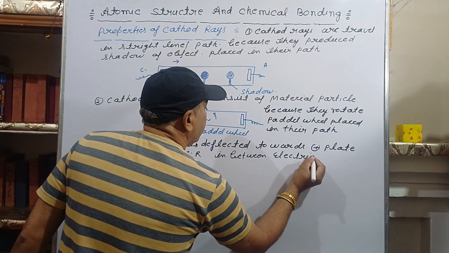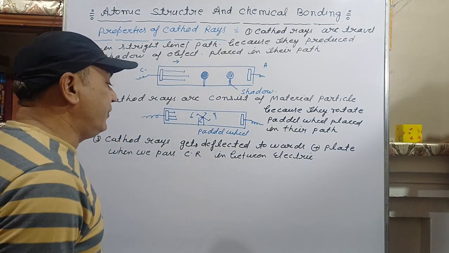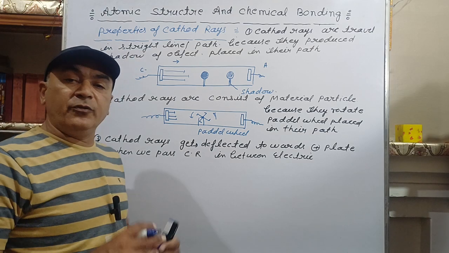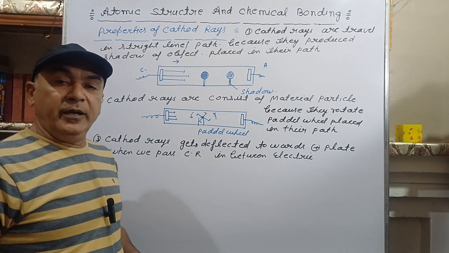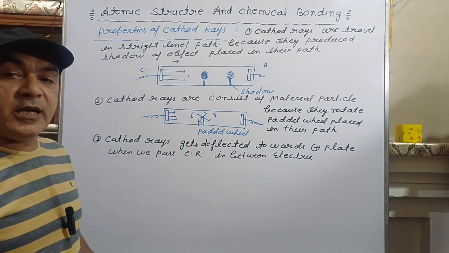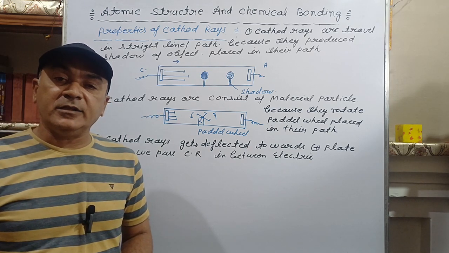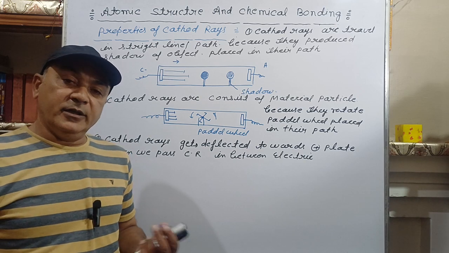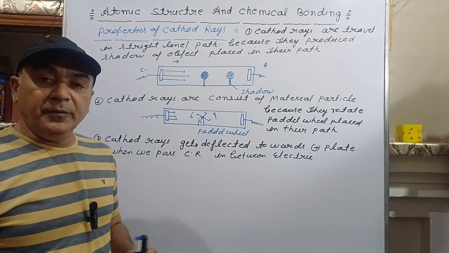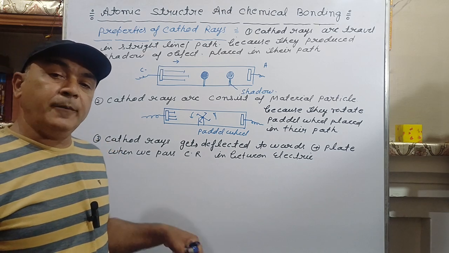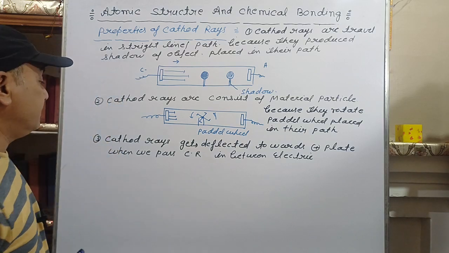In other words, when an electric field is applied on the path of cathode rays, they deflect towards the positive plate. Why? Because these rays consist of negatively charged electrons. So a force of attraction is set up between the negatively charged electrons and the positively charged plate.